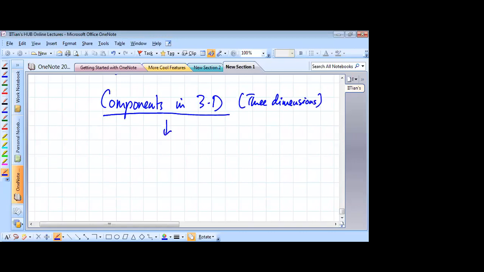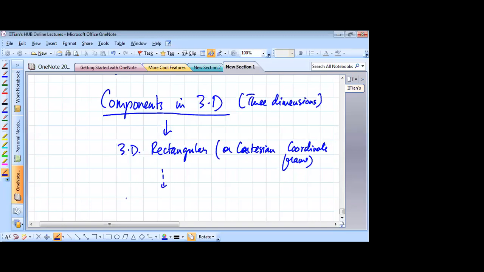For that we consider a 3-dimensional, what we call rectangular or Cartesian coordinate frame, which consists of mutually perpendicular x, y and z axes.